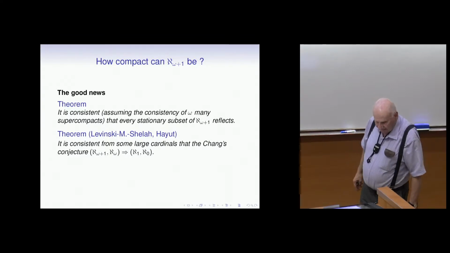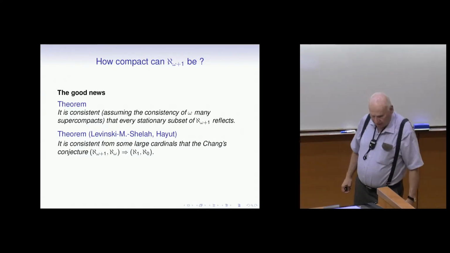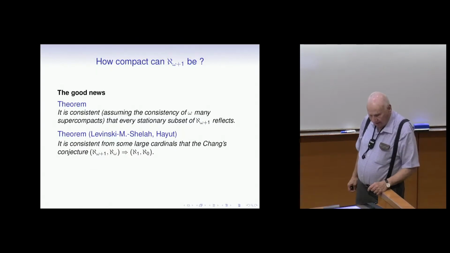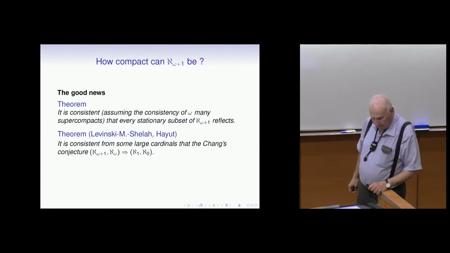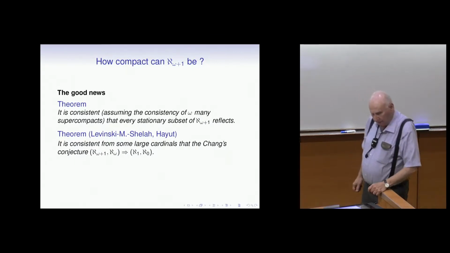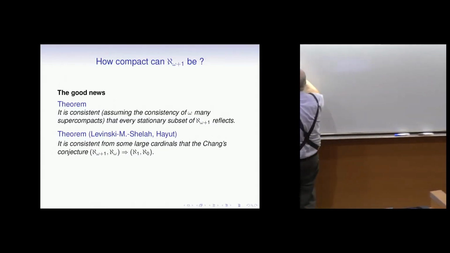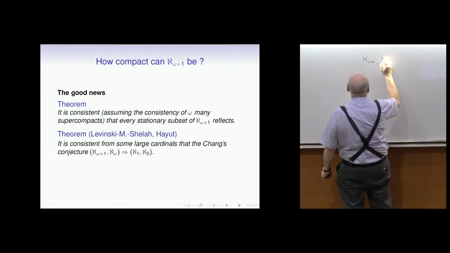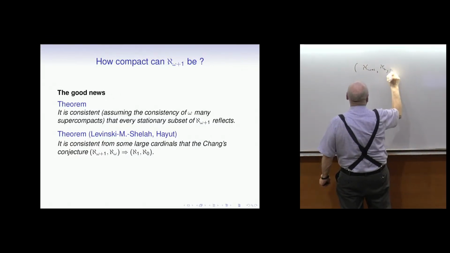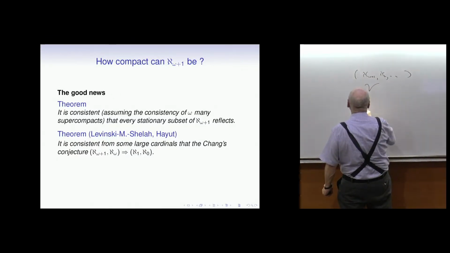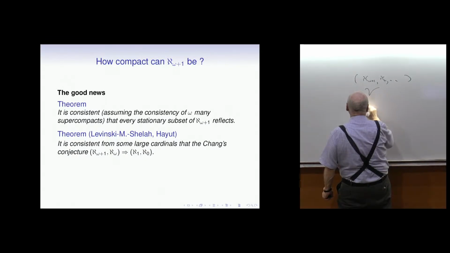Now, it is consistent, from some large cardinals, that Chang's conjecture holds: Aleph Omega plus 1, Aleph Omega, double arrows, Aleph 1, Aleph 0. Namely, if you have a structure on Aleph Omega plus 1, of the form Aleph Omega plus 1, Aleph Omega, and some other relations, then there exists an elementary substructure B, such that the size of B is Aleph 1, and B intersect Aleph Omega has size Aleph 0.